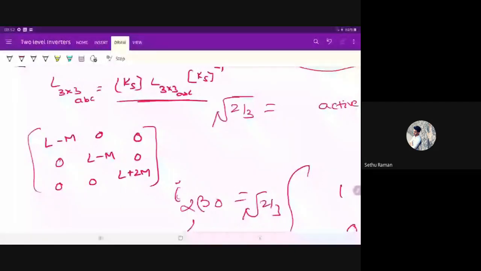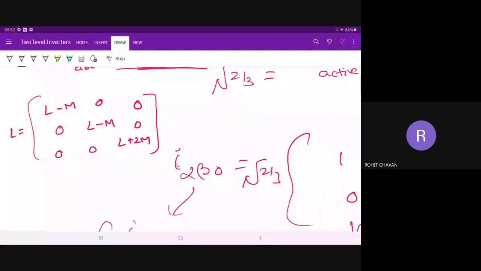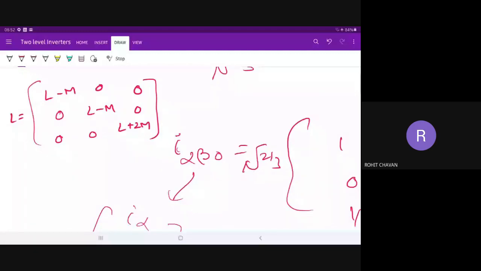Okay, it's clear? Yes, sir. So what you observed here is the inductance matrix in the DQ0 reference frame. The earlier one was L, M, M, M, L, M, M, M, and L. So what is the difference here?